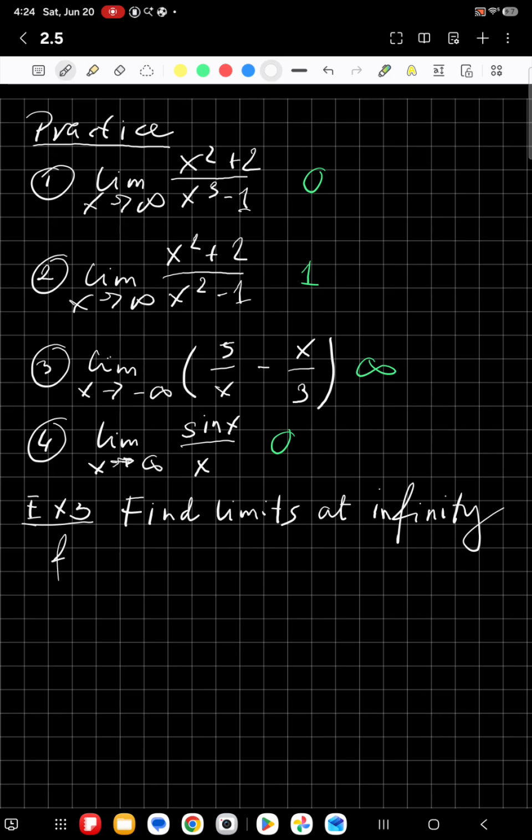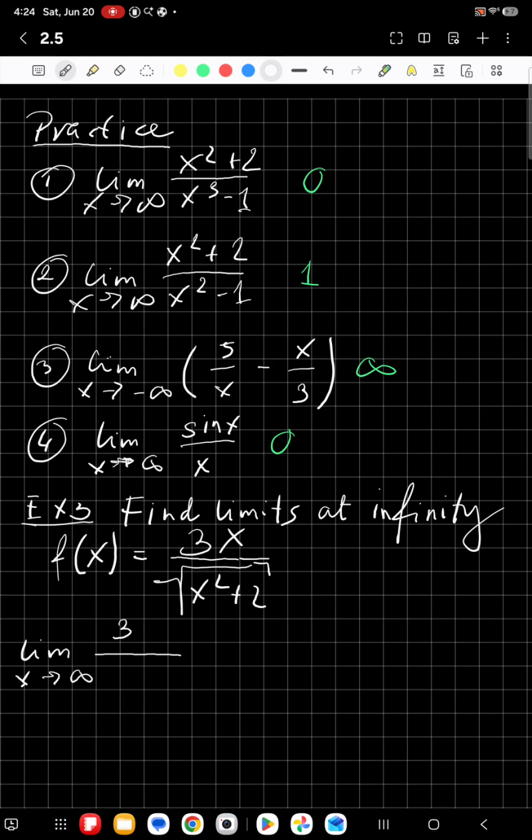The function looks like this: 3x divided by the square root of x squared plus 2. Again, we'll do it algebraically. So we have the limit as x goes to positive infinity. On the top we have 3x. At the bottom we have that square root.